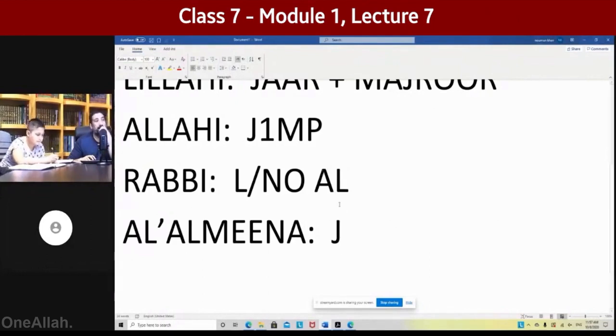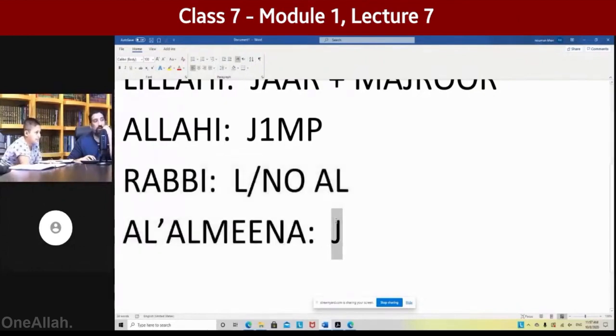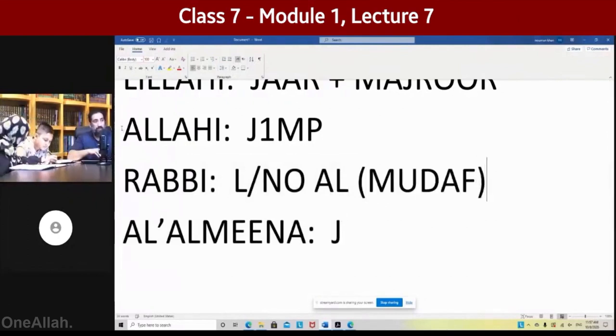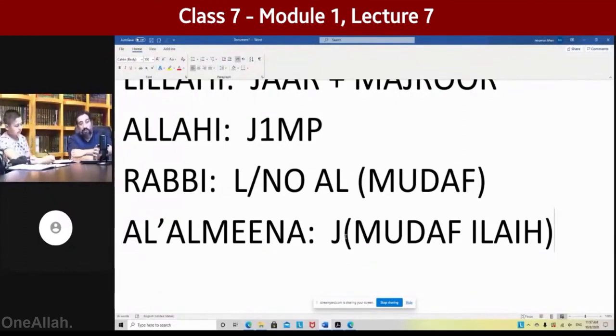Have you agreed that Rabbil Alamina is mudaf and mudaf ilayh? So I'm going to put this one as mudaf and this one as mudaf ilayh. But that's not enough. We have to prove it. Oh, we've already proven it because we already showed that Rabbi is light and no al, and al-alamina is jar. So we're already done with that.